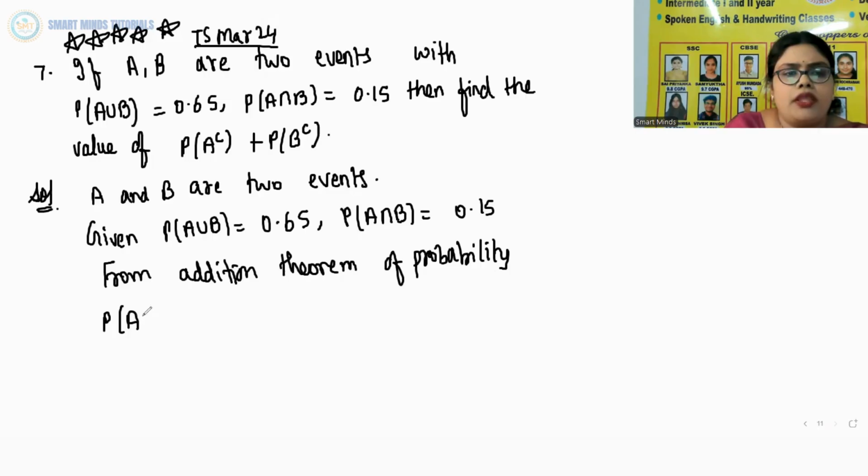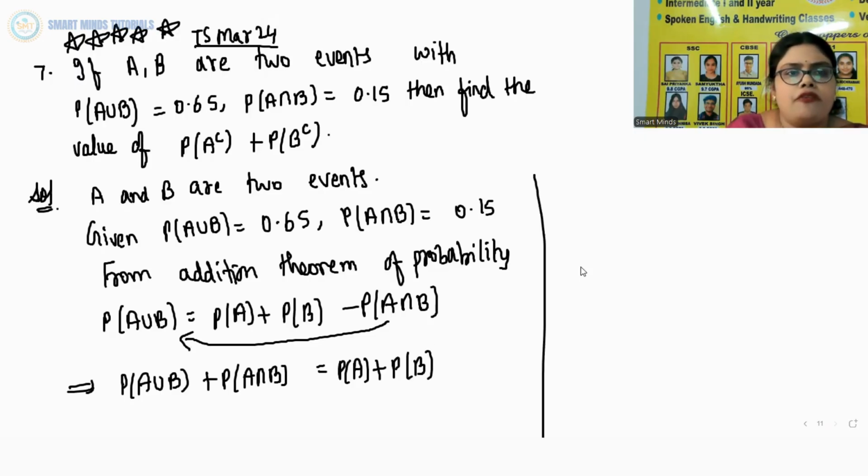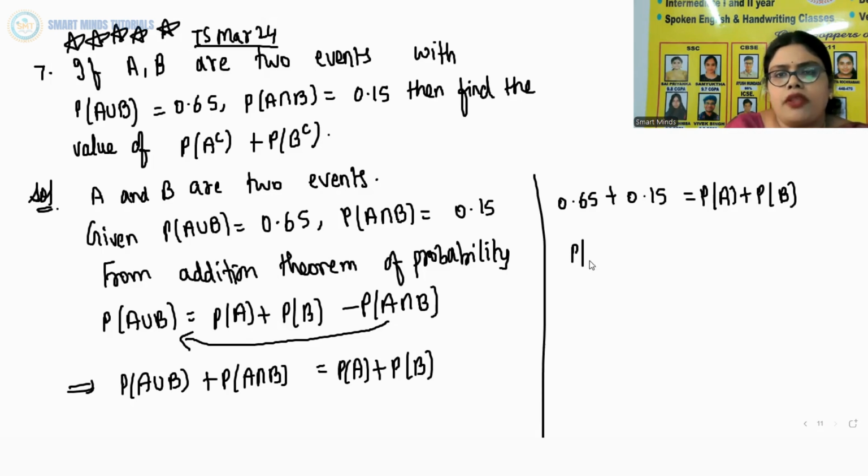P of A union B is equal to P of A plus P of B minus P of A intersection B. If I take this minus P of A intersection B to the left side, we can write P of A union B plus P of A intersection B is equal to P of A plus P of B. So we get 0.65 plus 0.15 is equal to P of A plus P of B. So P of A plus P of B is, what is 65 plus 15?